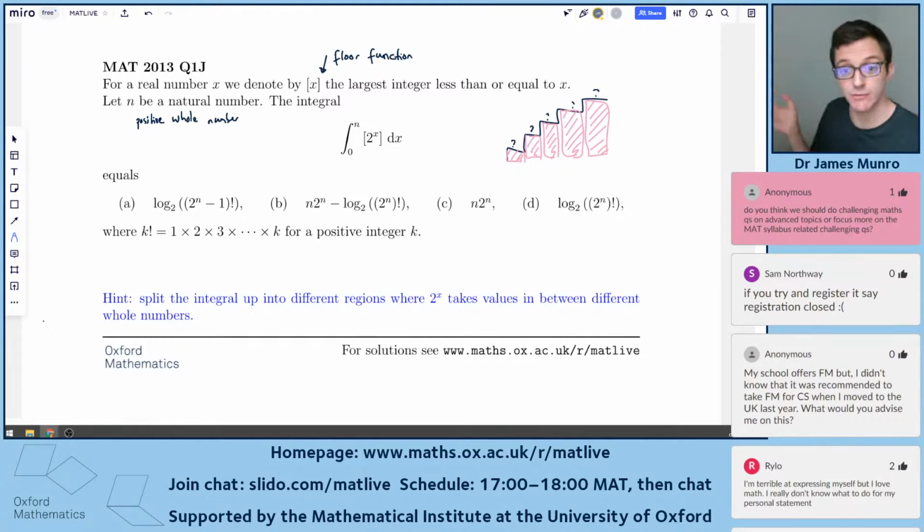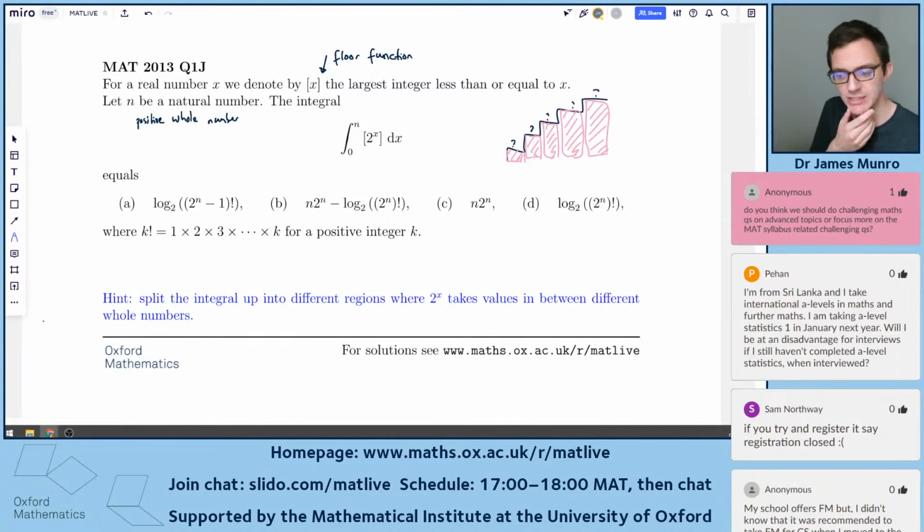Doing math questions is obviously one thing you can do. I always get a bit nervous when people ask for extra past math questions, extra bits and pieces. I get a little bit nervous that there's loads of other maths not on the MAT syllabus, loads of other things that you could be finding out about or trying other bits of problem solving. That's probably more fun, more interesting, and better for you as a mathematician, to be trying other stuff that's not on the MAT syllabus. So I worry a little bit about that.